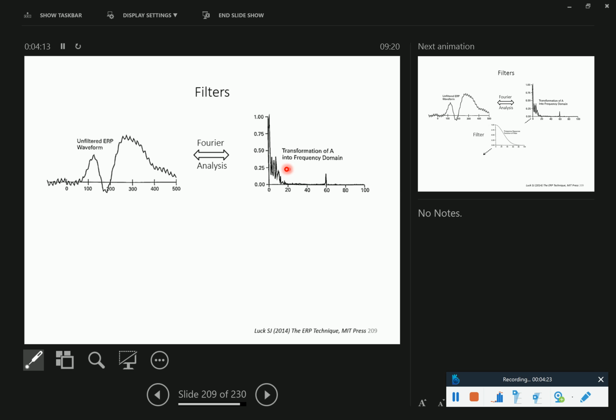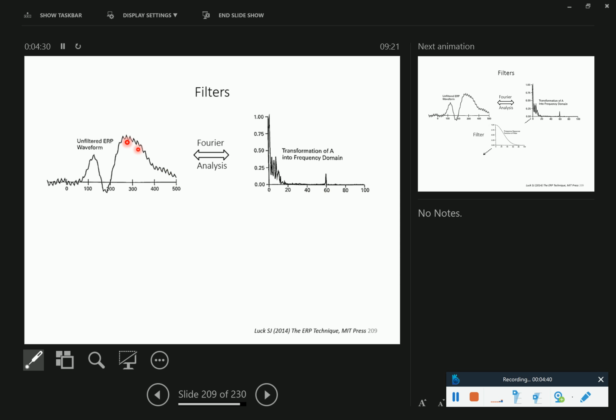And what you can see here is that there's quite some frequency content on the low end of the frequency spectrum, but there's also this peak here at 60 Hertz.